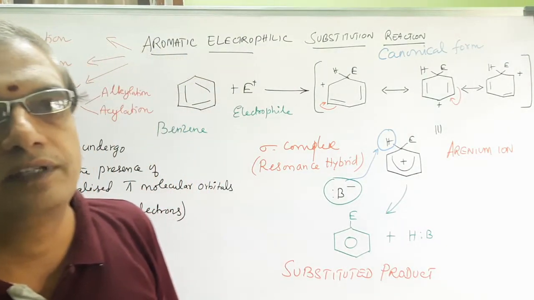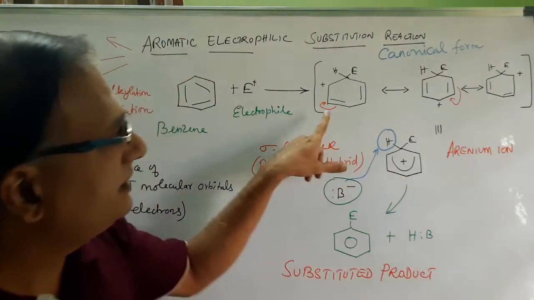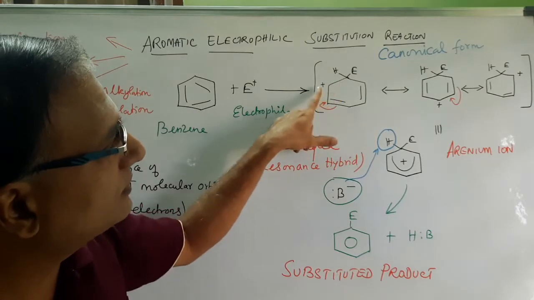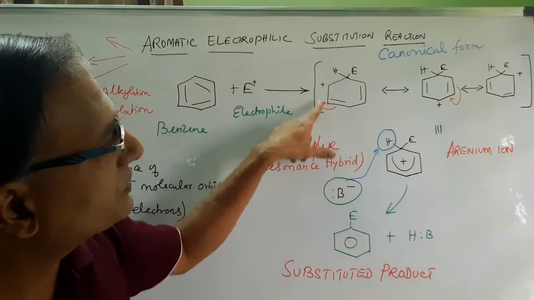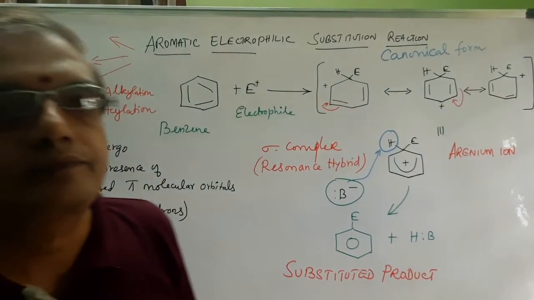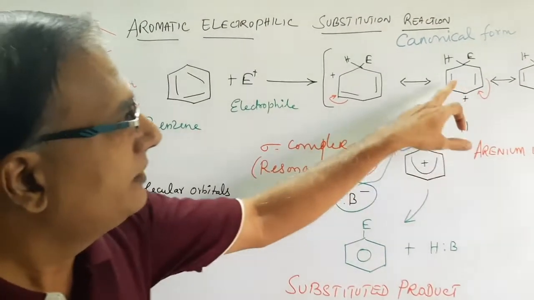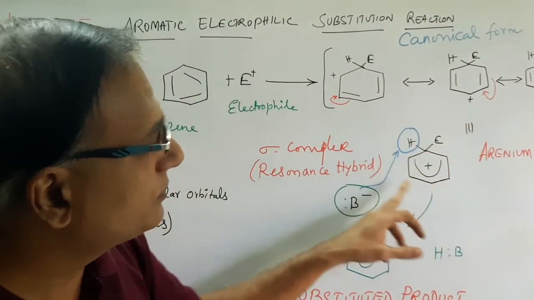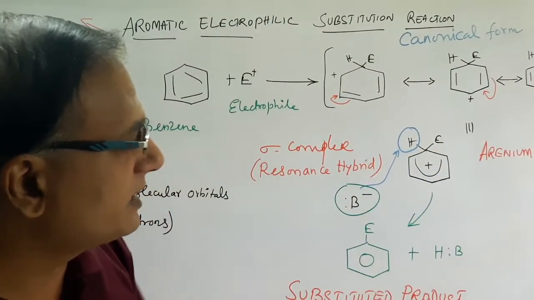So the aromaticity of the arenium ion is lost, and this is the way the positive charge is delocalized over the entire benzene ring. Altogether, we should know that it is a sigma complex.